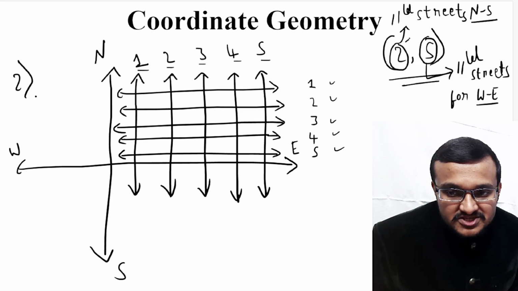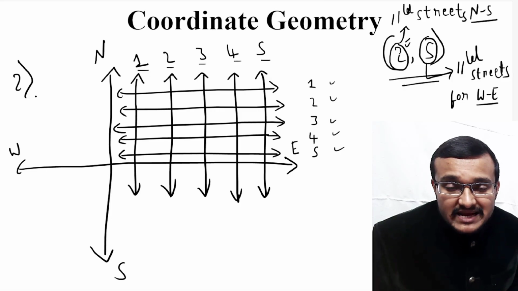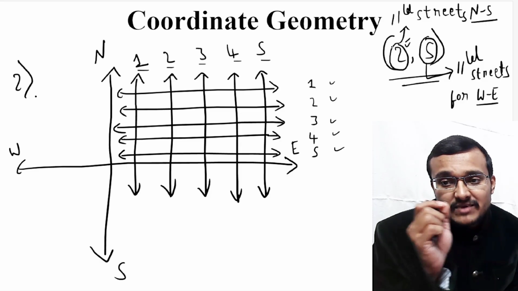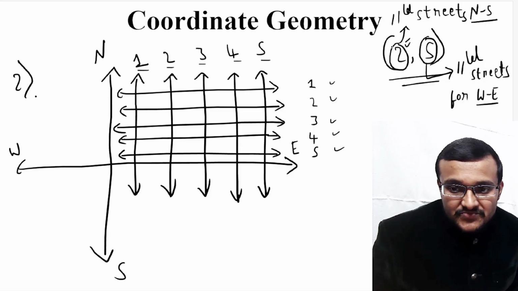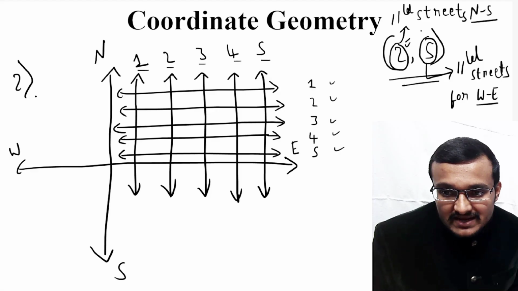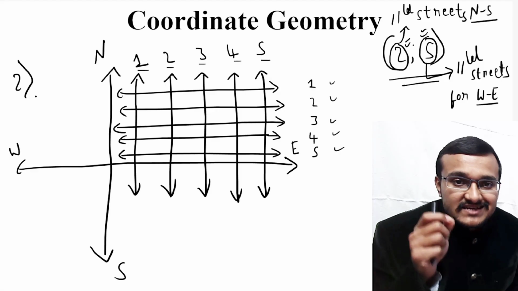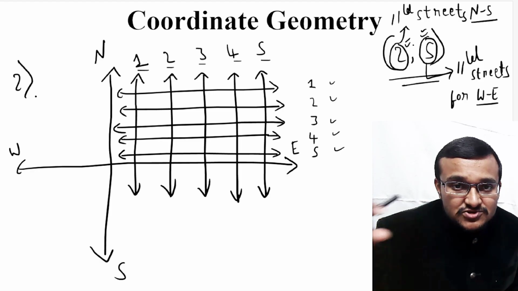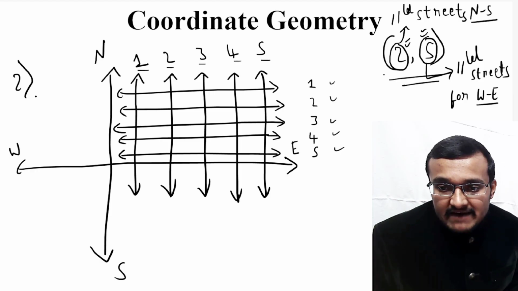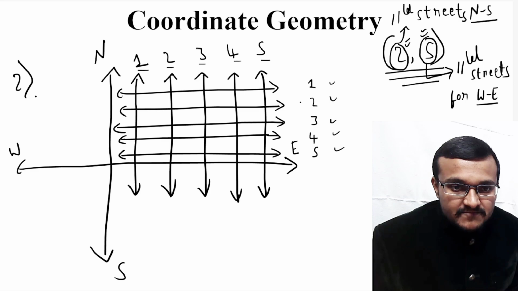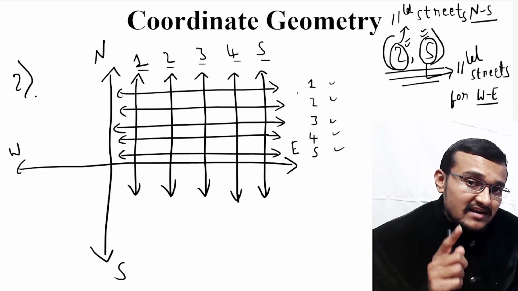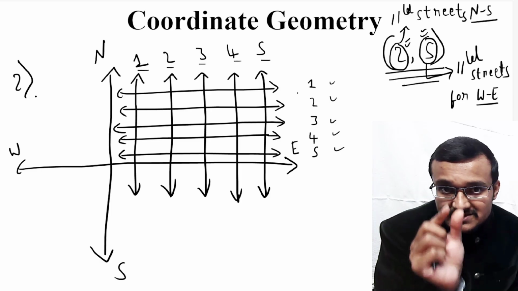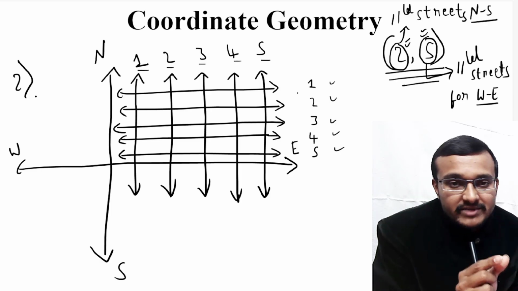So the first number in this bracket indicates the road running parallel to the north south main road, and the second number in this bracket indicates the street which is parallel to the west to east main road. We have to identify the 2,5 position. 2 is the parallel road, meaning the first number in the bracket is the parallel street to the north south main road.